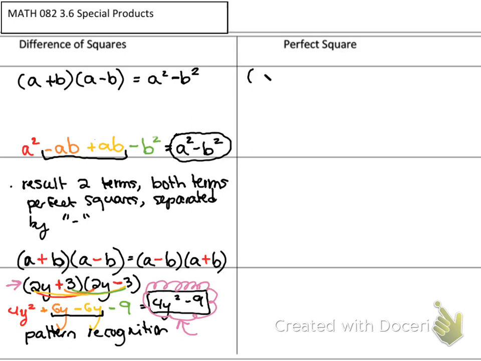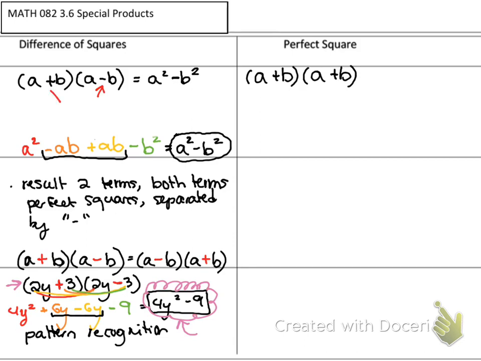Okay, see if you can see the difference here between a perfect square and a difference of squares. So a perfect square is going to look like this. Okay, so take a minute, look at difference of squares, look at perfect squares, see if you can see the difference.